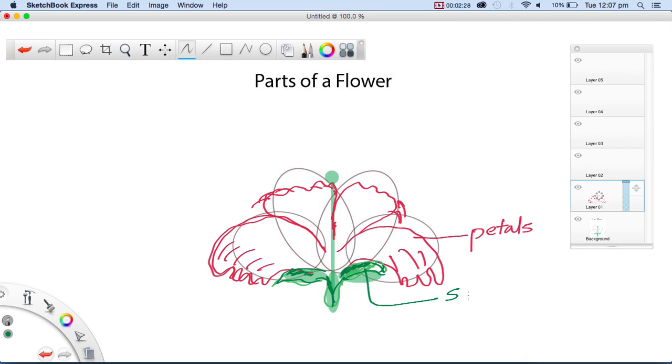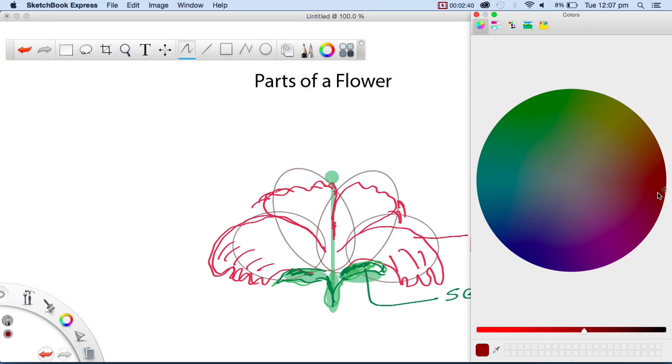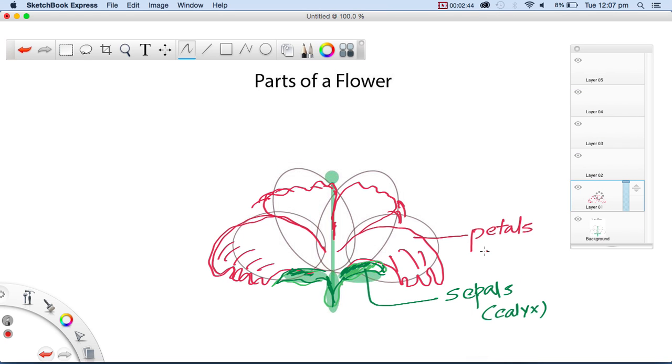These are known as the sepals. Now also the sepals are known as the calyx. So as you go ahead in school, you might start getting the scientific names. And the petals are also known as the corolla. So now you know that corolla is not just a Toyota car.